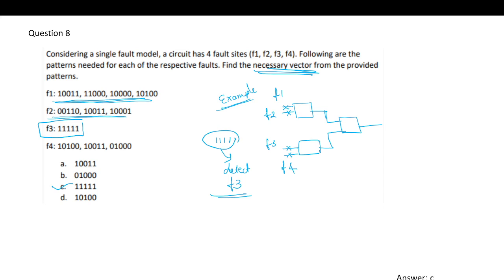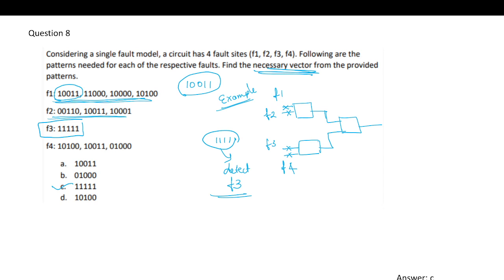So if we consider F1, F2, F3, F4, it's just an example circuit where each F represents one fault site. So there are a total of 4 fault sites. And this vector means if I apply 1 0 0 1 1 to my circuit, I can detect F1.